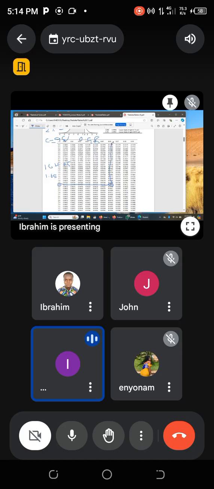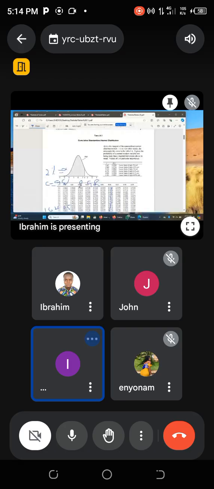So we have 2.0 on the left and then 0.06 on the right. Therefore, the critical value will be 2.0 plus 0.06. That's going to be 2.06 as our answer.